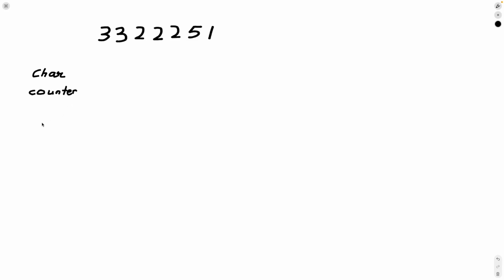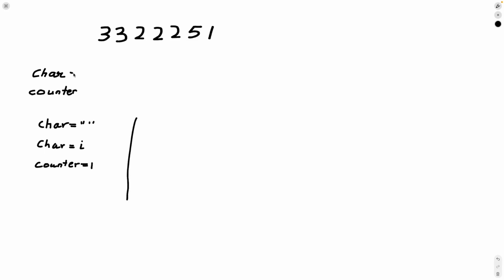The very first condition I need to check is if this character is null. Whenever we start, it's going to be null. And if it is null, I'm going to update that character with the value at index i, and also start the counter with the value 1.